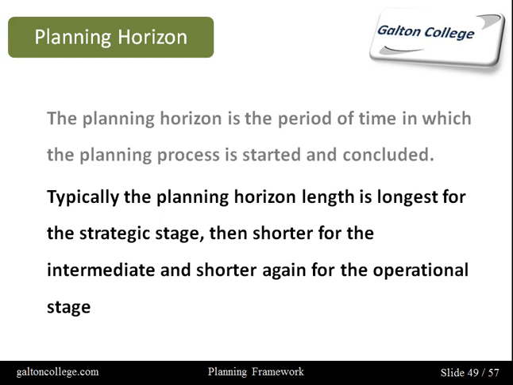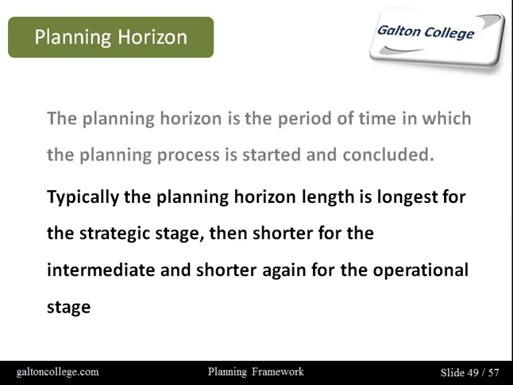Typically, the planning horizon length is longest for the strategic stage and shorter for the other two stages, the intermediate and the operational. But for the strategic stage, obviously there are a lot of complicated issues. Complicated not least because you're looking into the future. You're looking to maybe a 5-year period.